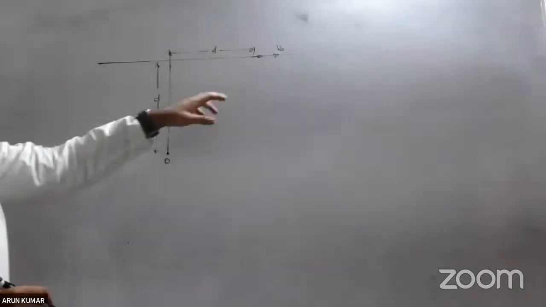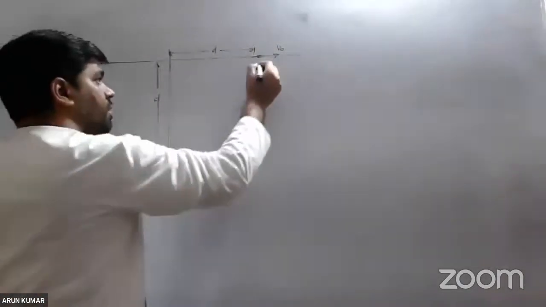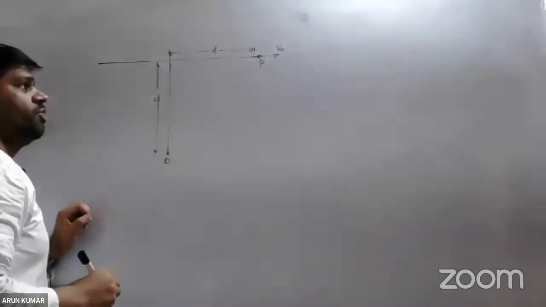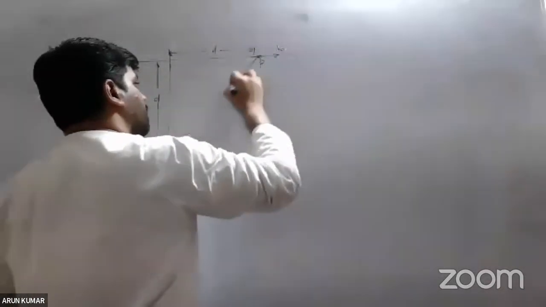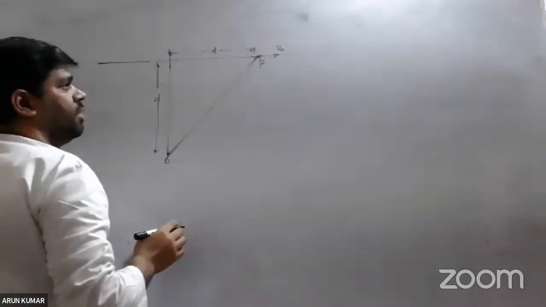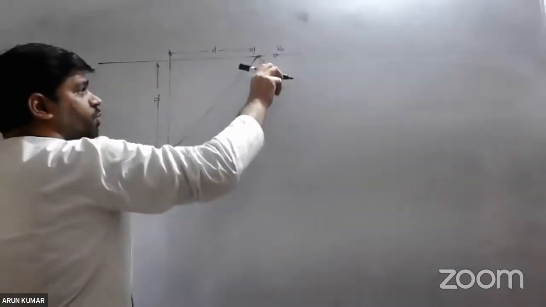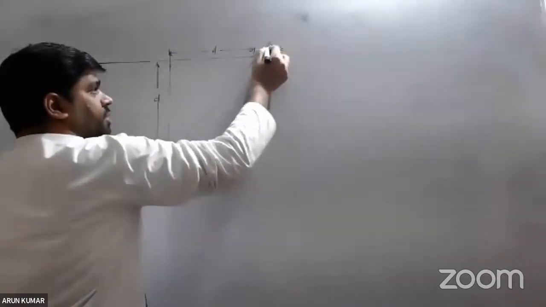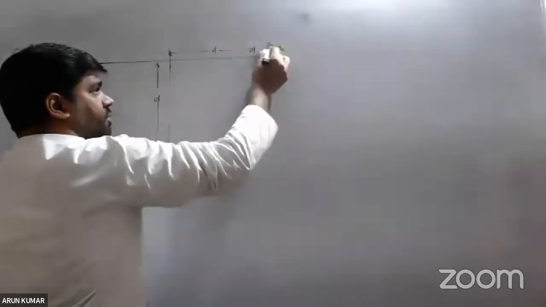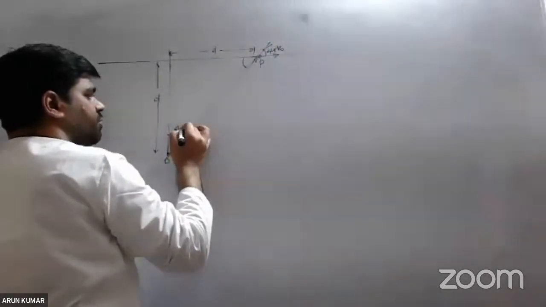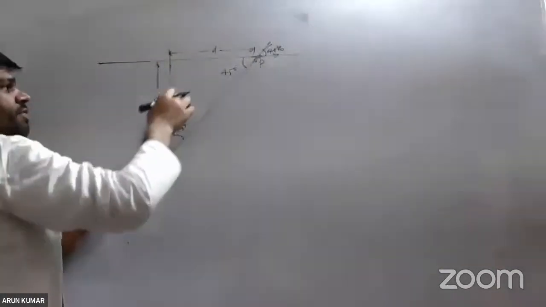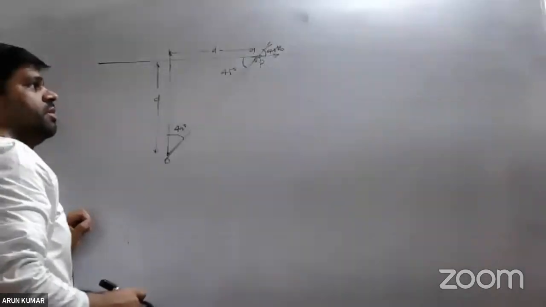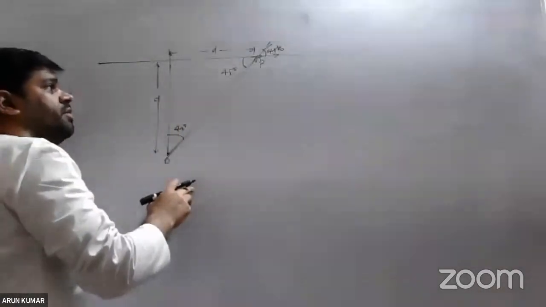I have to find the angular velocity of this particle P about O. What do I do? I join these 2 points. I find the v perpendicular. How much is this angle, students? 45, because this is d, this is d. Isosceles right angle triangle.